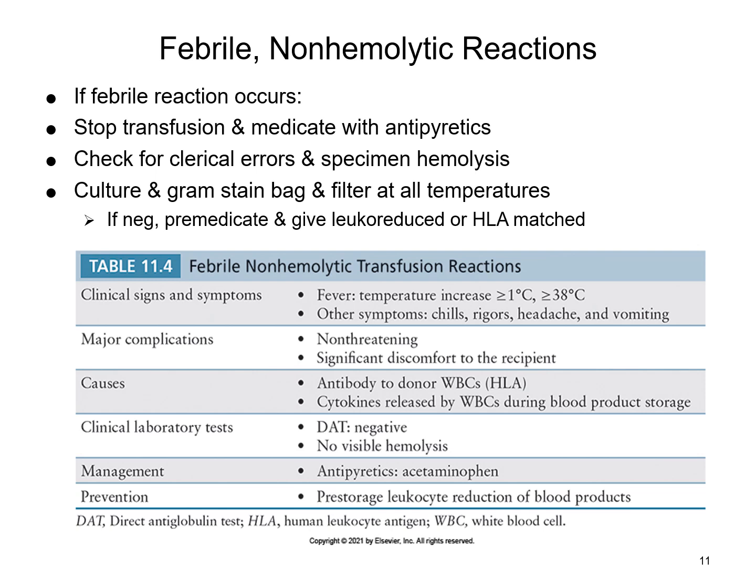If it is suspected that the patient is having a more severe type of febrile reaction, it may be recommended, based off of their condition, to provide HLA matched products in the future.